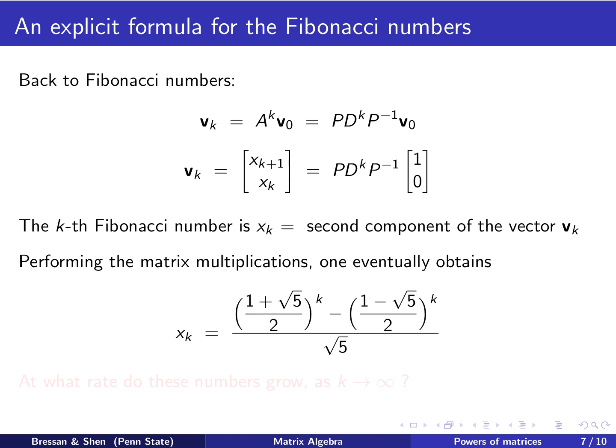So what one can do would be putting in the matrices P and D to the K and P inverse and the initial vector 1, 0, and calculate these multiplications and work it out, and then take the second element out of it. It's a bit lengthy of computation, but all the steps we know how to do.